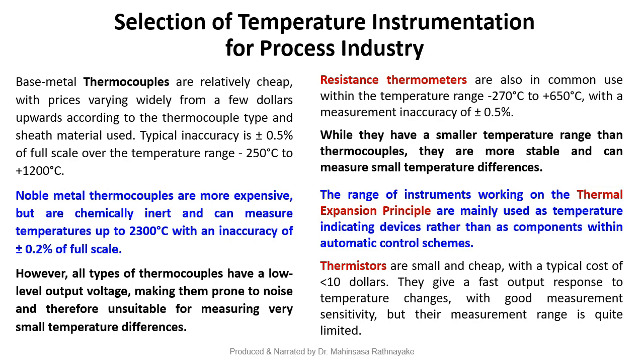If we talk about the applications, base metal thermocouples are relatively cheap. There is a certain practical temperature range that can be measured by thermocouples. So based on the application, we can select thermocouples for our temperature measurement requirement in the industry.